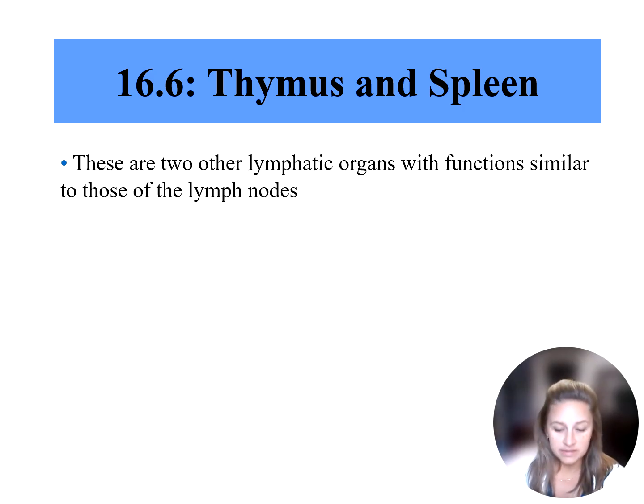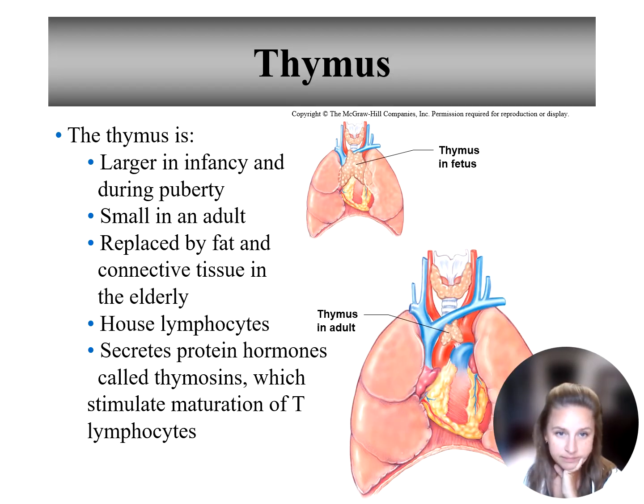So there's the lymph nodes, and then there are two other major organs in the lymphatic system, and that is the thymus and the spleen. The thymus is one of the glands we talked about back in the endocrine system. It is larger in infancy and puberty, and then it shrinks in adults.